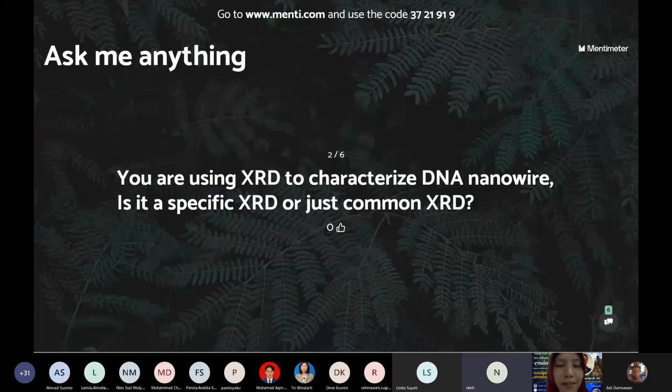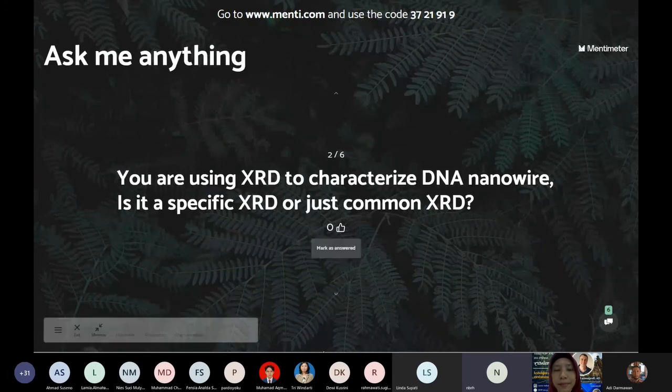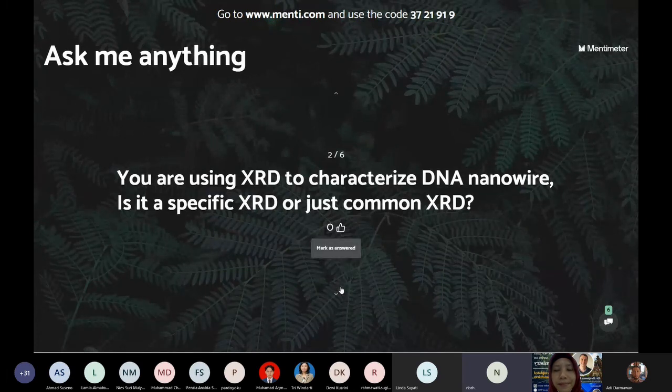No, it's just regular powder X-ray. If you look at the data there, it's quite noisy because we don't have a lot of sample. It's a standard powder X-ray diffraction instrument, and you have to do one of two things. You have to speak very nicely to the powder X-ray service technician and persuade them to integrate for a long time in order to get the signal to noise ratio up, or you have to use an alternative sample of DNA which you can obtain in much larger quantities.